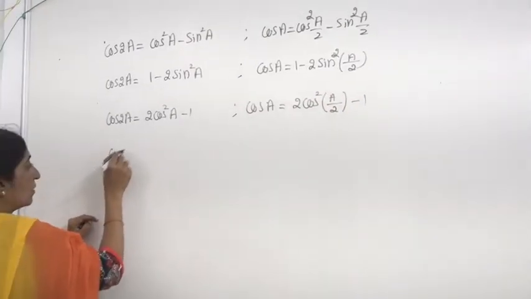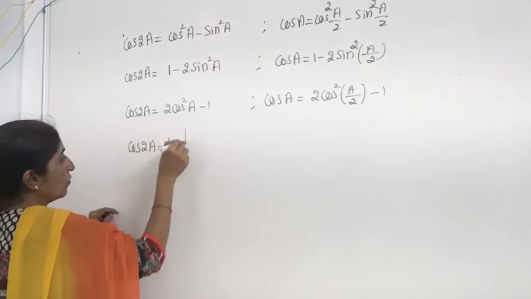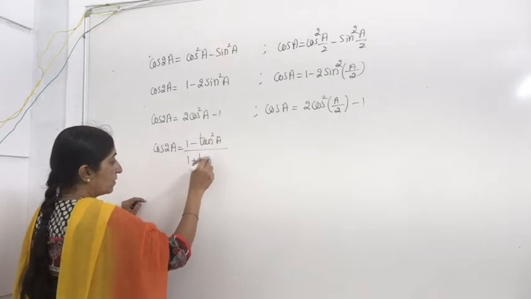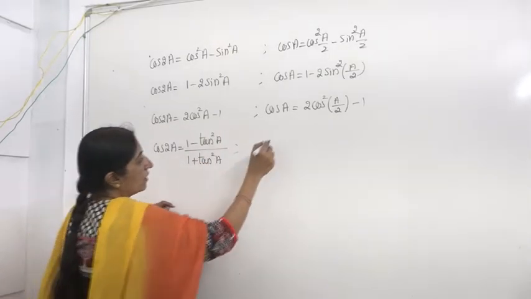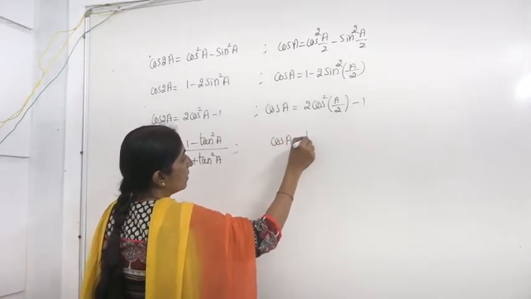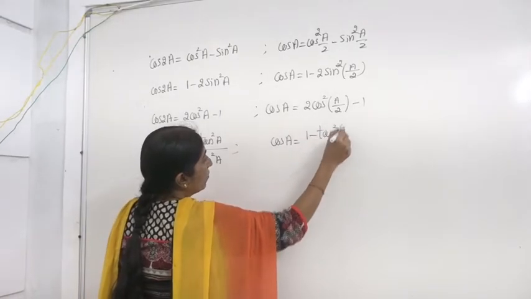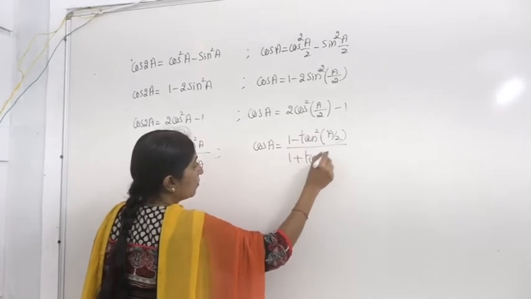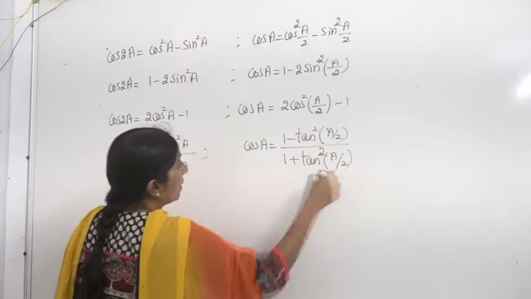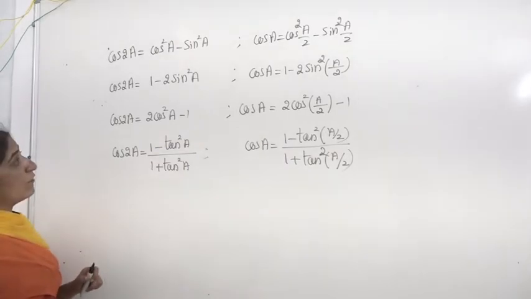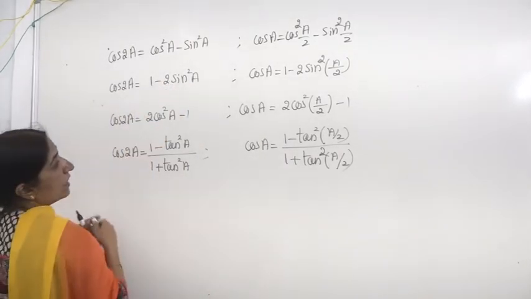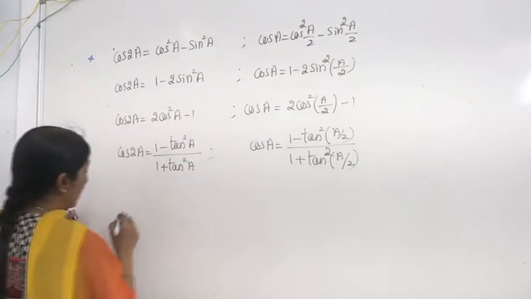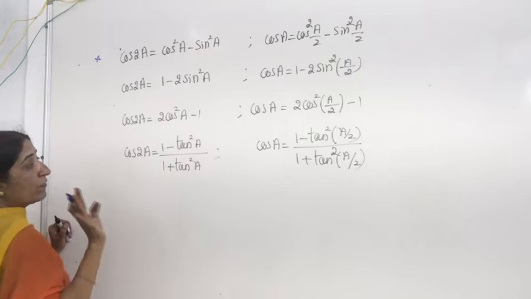And fourth, cos 2A = (1 - tan²A) / (1 + tan²A), and the submultiple is cos A = (1 - tan²(A/2)) / (1 + tan²(A/2)). See students, everywhere the angle becomes half. These are multiples and these are submultiples. For cos 2A we have four forms.